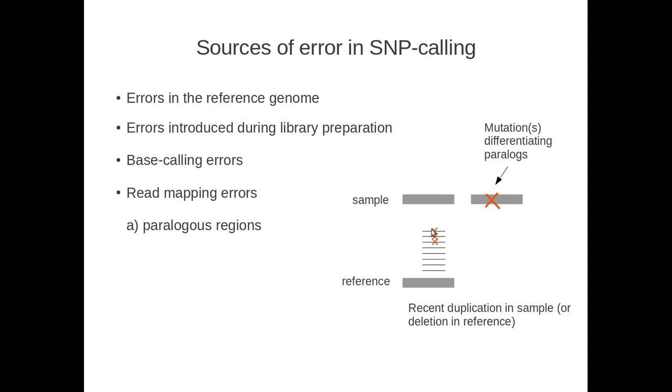And what does this look like? If this is a single mutation, this looks like a heterozygous SNP in the sample, and that would lead to a SNP calling error.